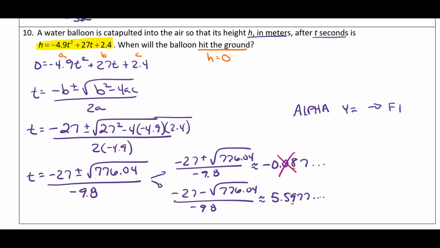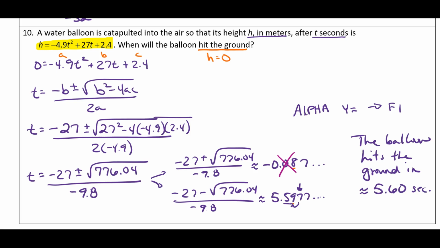So we're going to keep the positive answer, and we're going to say the balloon hits the ground in approximately, now 5.597, we look at the 7, it's bigger than 5, so we round up. So we're rounding 59 up to 60. So this is going to be 5.60 seconds. And that would be my final answer.